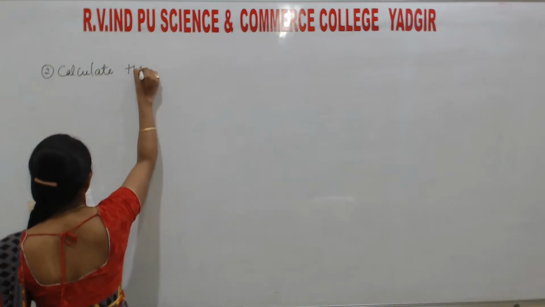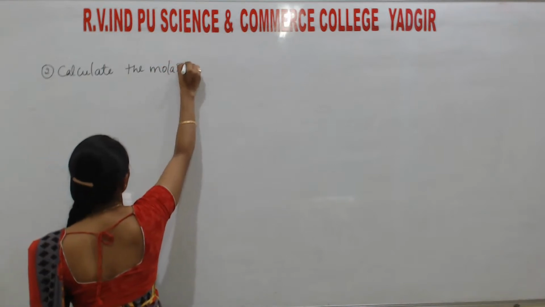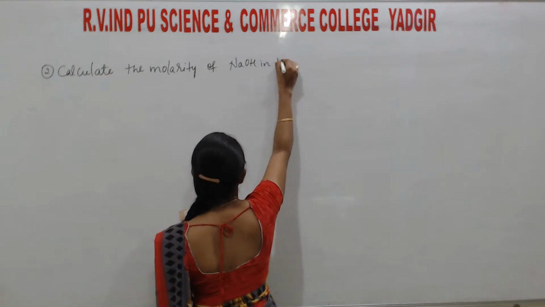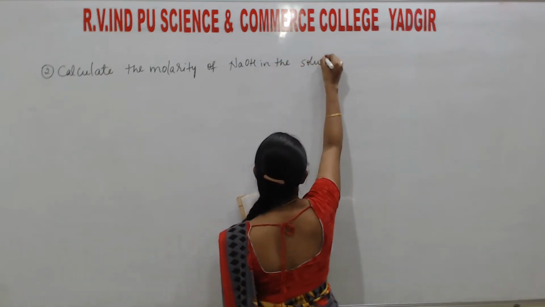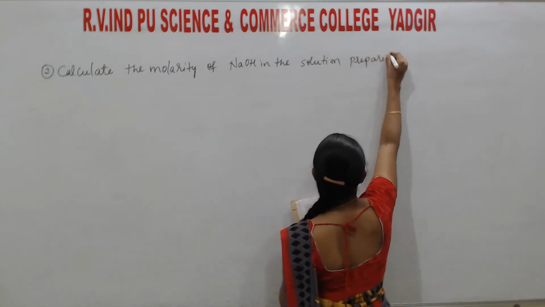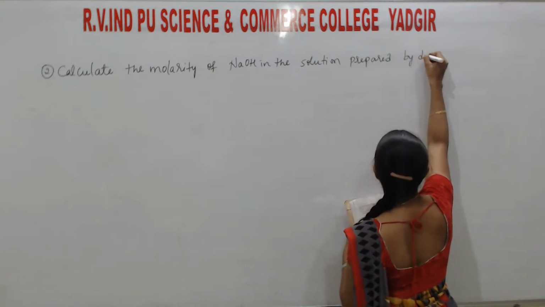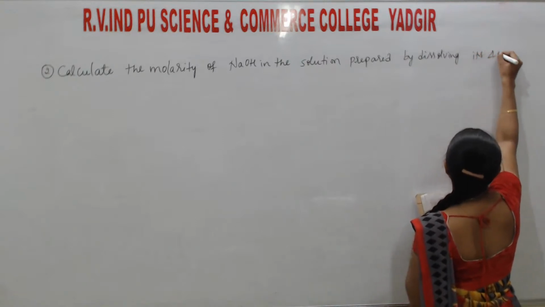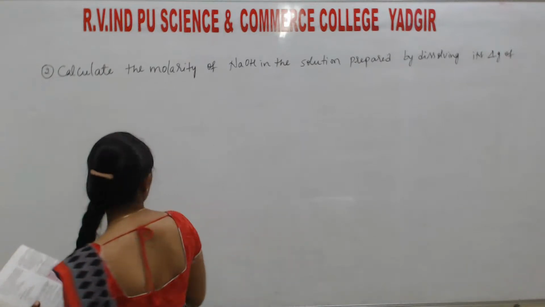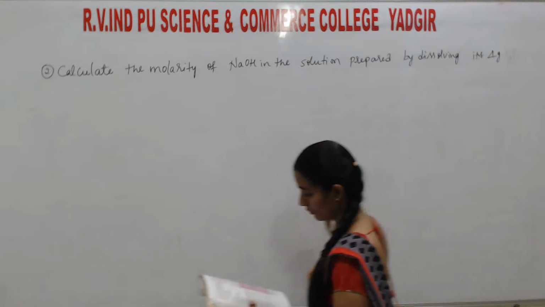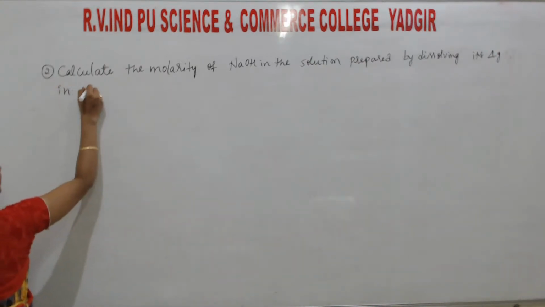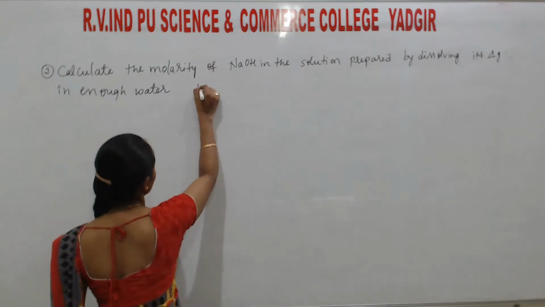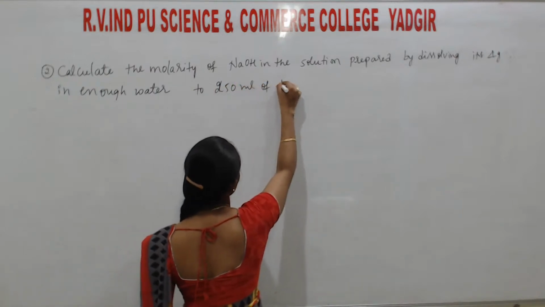Calculate the molarity of NaOH in the solution prepared by dissolving 4 gram of it in enough water to form 250 ml of the solution.